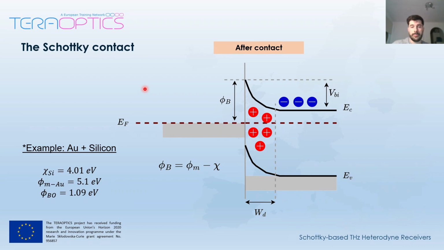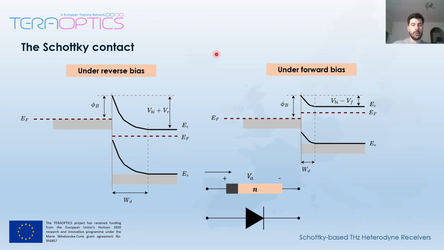So in equilibrium, we have a barrier from the metal and the semiconductor sides, so therefore there's no current that can flow through the contact. But what happens if we apply a voltage to the contact? Well, if we have a negative voltage applied to the semiconductor side, what we have is an increase in the barrier seen from the semiconductor by that voltage. Therefore, we have a situation in which no current can flow through the contact.